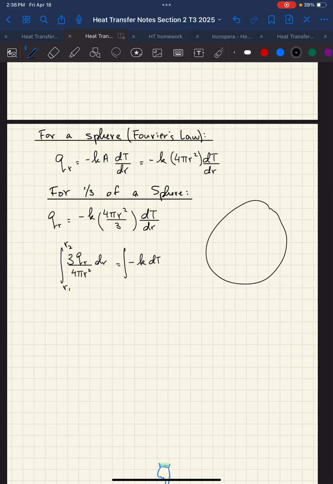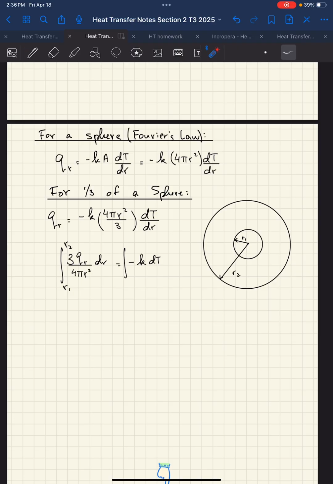So imagine you have a sphere like this, and pretend that the sphere inside has some fluid. So from here to here would be R1, and then from here to here would be R2. So basically we're integrating from this region to this region.